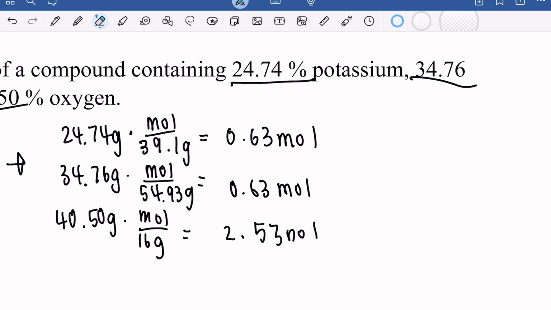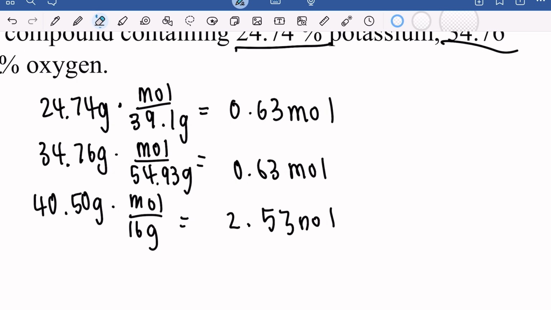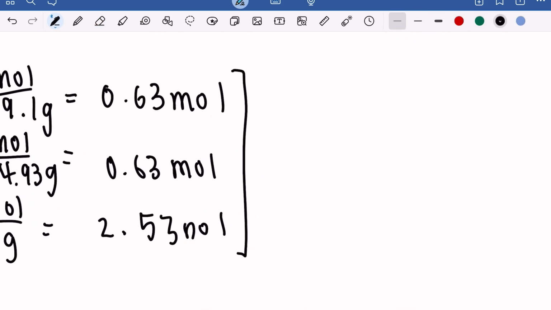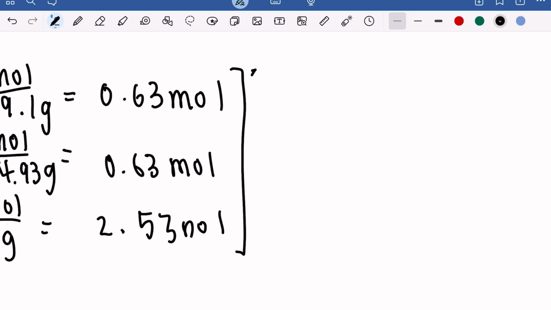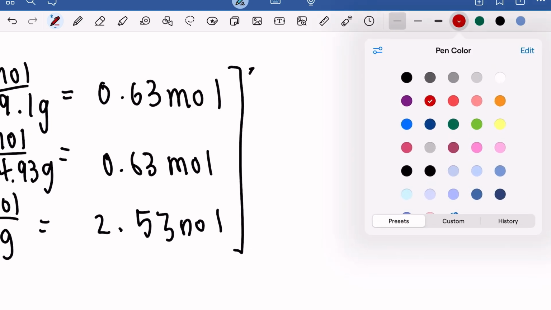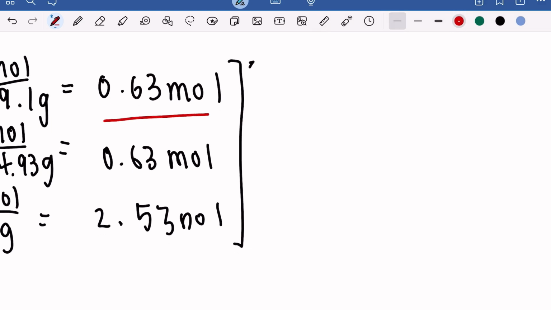So what we're going to do from here is divide each of these moles by the smallest number of moles among these three values, which is 0.63, right? So if you divide 0.63 by 0.63, it's going to be 1.